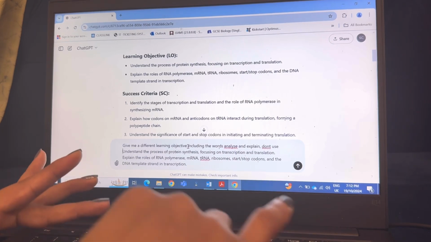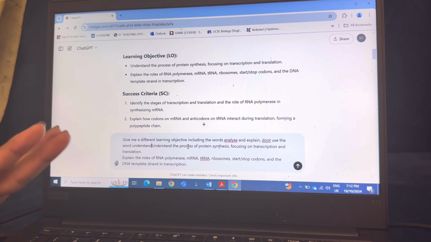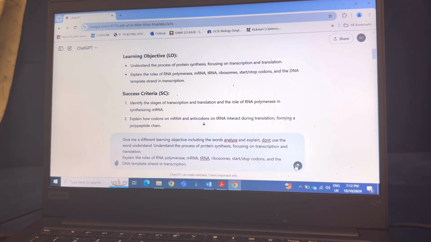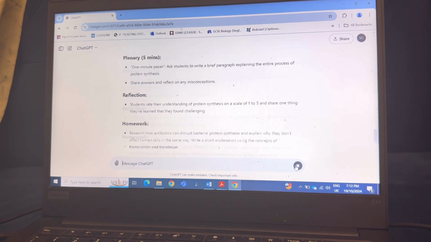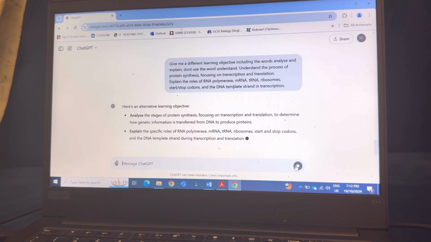Don't use the word understand. Okay, I'm just going to click this arrow mark. Let's see what learning objective it is giving to us.